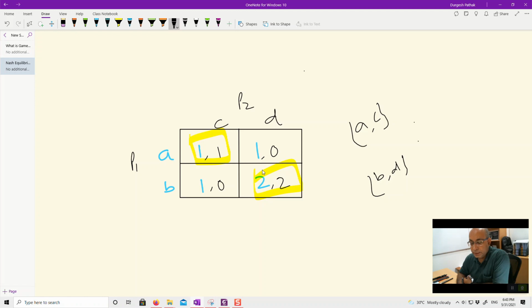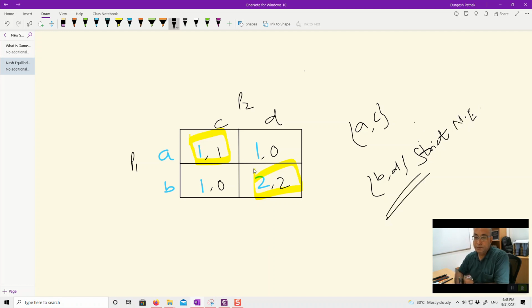So he is not indifferent between A and B when player 2 is playing D. Similarly, player 2 is playing D and getting a payoff of 2 when player 1 is playing B. The alternative payoff is only 0 when he plays C. So player 2 is also not indifferent between D and C when player 1 is playing B. So this is a strict Nash equilibrium, right?